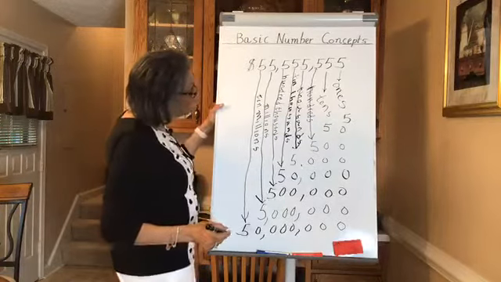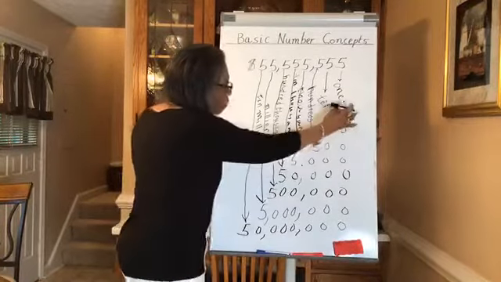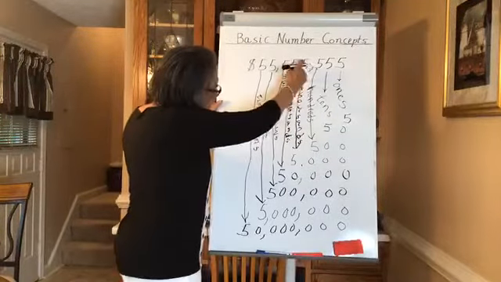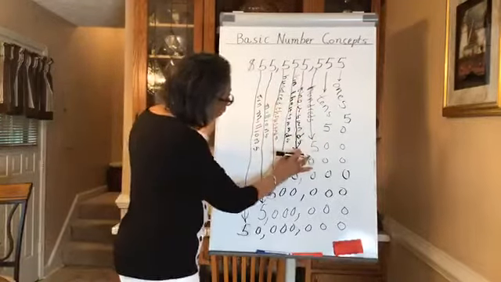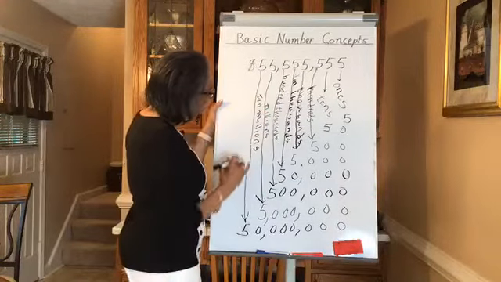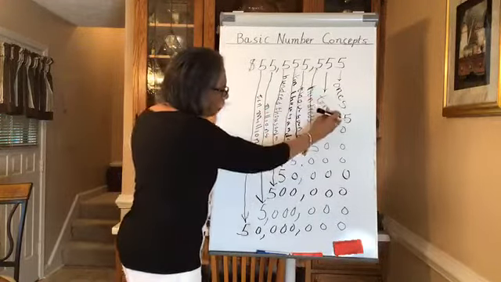All right, and so you see a pattern. In the ones family, the first one is named ones. In the thousands family, the first one is named thousand. In the millions family, the first one is named millions. The second one in each family is tens: tens, 10,000, 10 million.